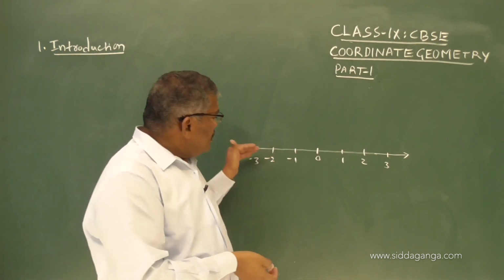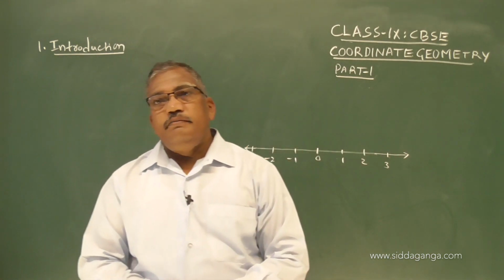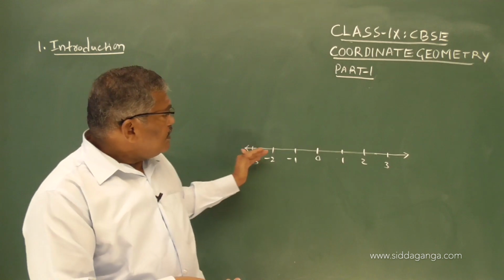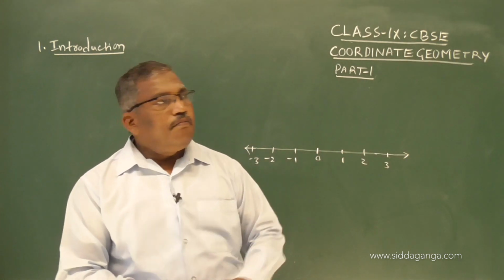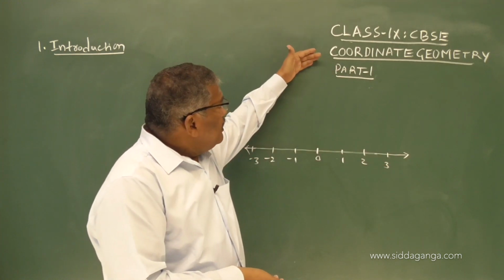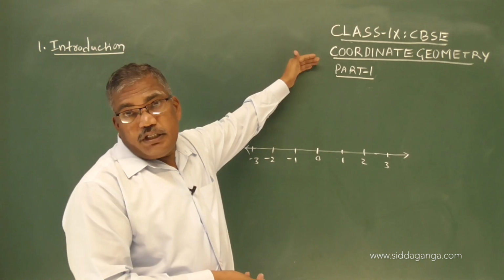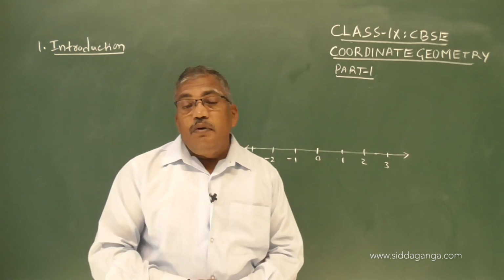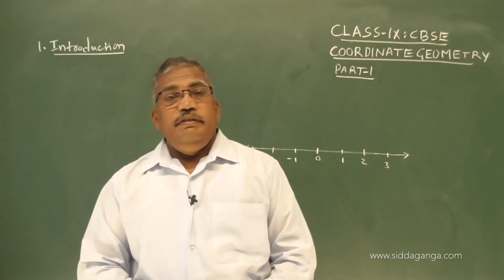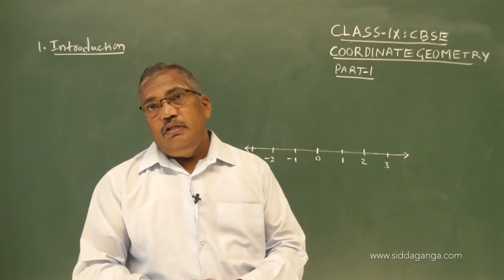Suppose this is only along the road or along the line. This is known as one dimensional. If something is on the left side of the road, some 3-4 kilometers, or 1 or 2 kilometers on the right side of the road, you will not be able to tell exactly where it is.